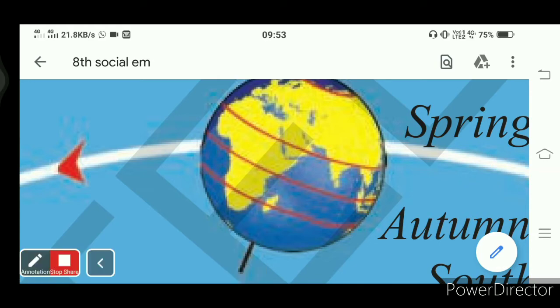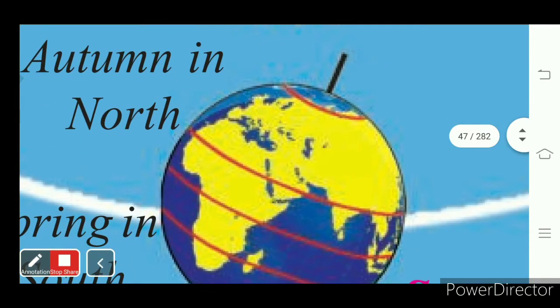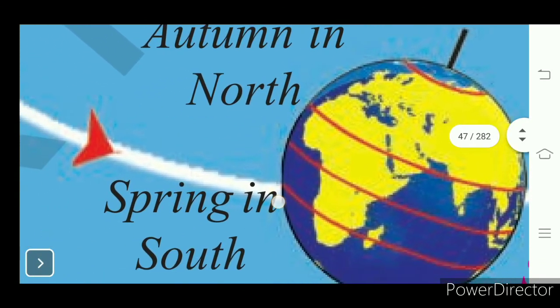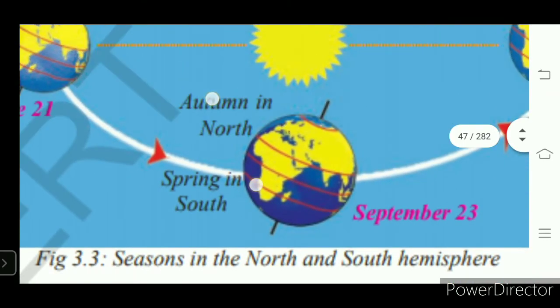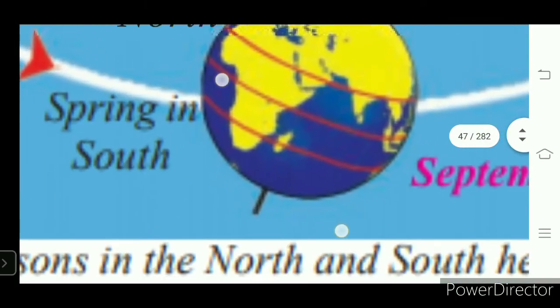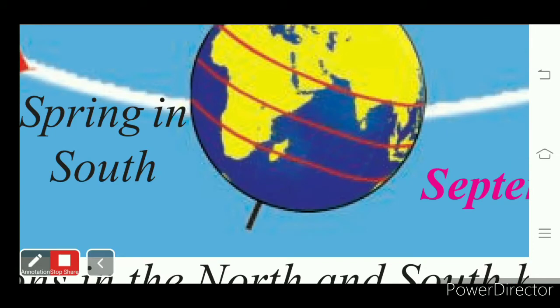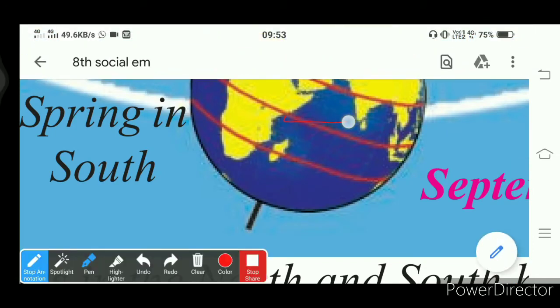Similarly, we see on September 23rd, again the sun rays fall vertically on the equator, right?